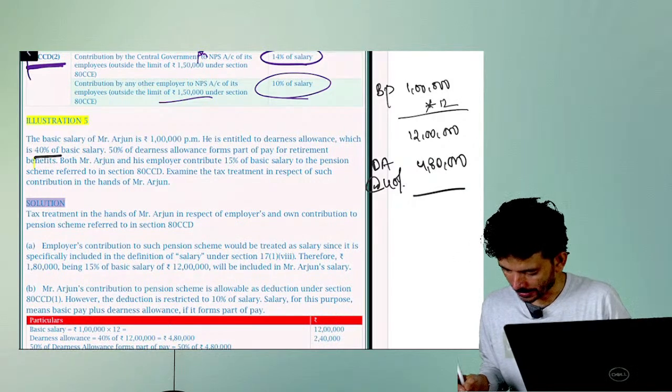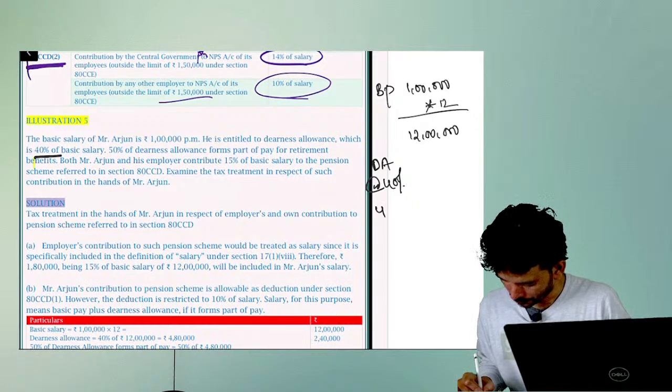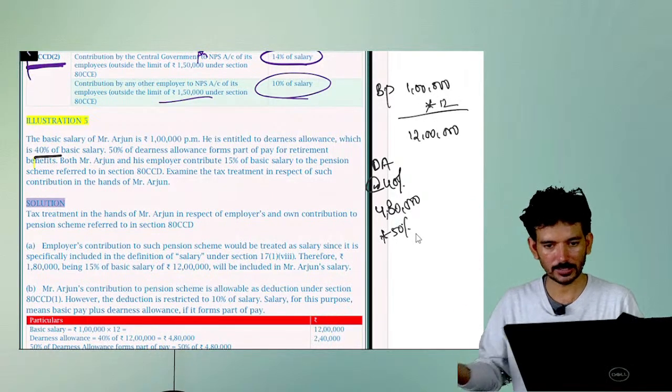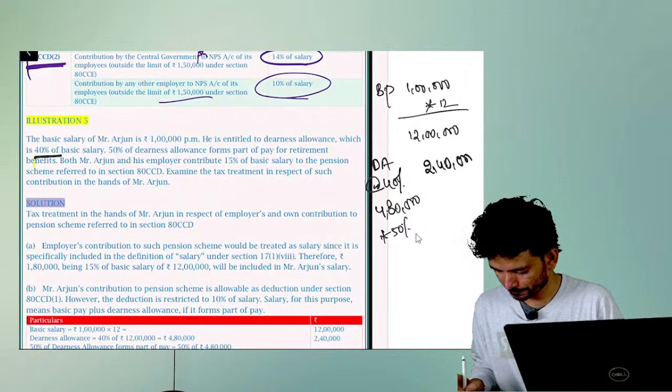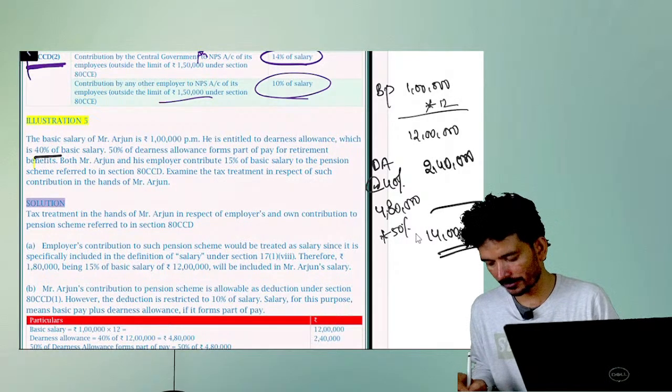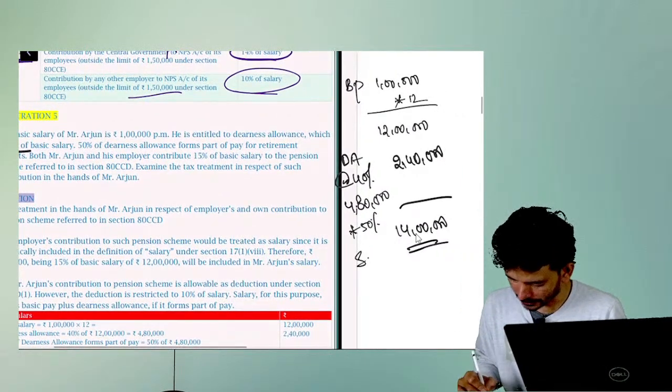Okay, and of the 4,80,000 only 50% is eligible, as provided in the terms and conditions. So I will write it separately: only 2,40,000 we will get. So 14,40,000 is the salary for the purpose of your 80CCD. Okay, so this is the salary for your 80CCD.